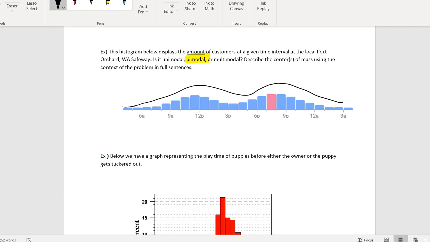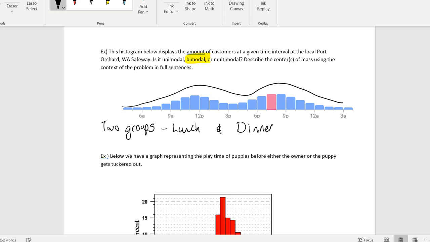So bi means two. Now what happens when you have a bimodal or multimodal graph is that we have two groups in one observation. So in terms of the context of the problem, we would have a lunch and a dinner rush.